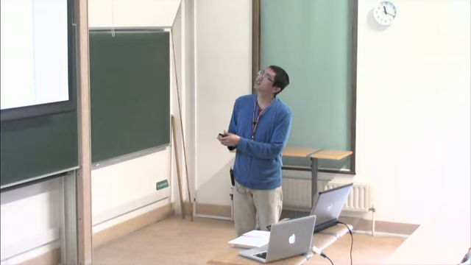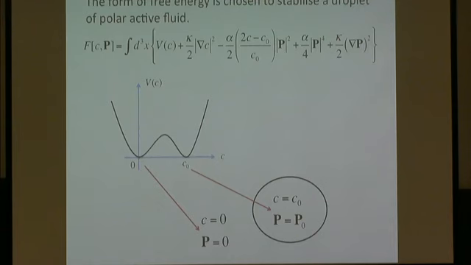And then here we have a surface tension term, and here we have the usual Landau isotropic to polar transition. This term actually changes sign as you go across the interface. Here the sign is positive, so it's isotropic, but inside the droplet the sign becomes negative, so it becomes polarized.